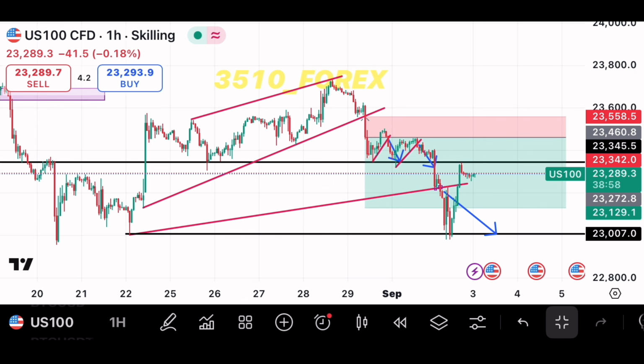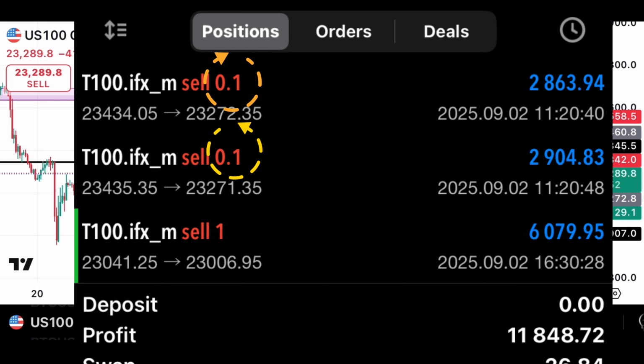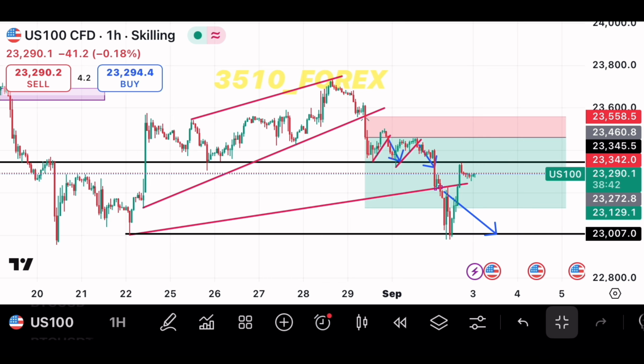I used two small 0.10 lot trades and one bigger 1.00 lot trade. Those were the lot sizes I used.